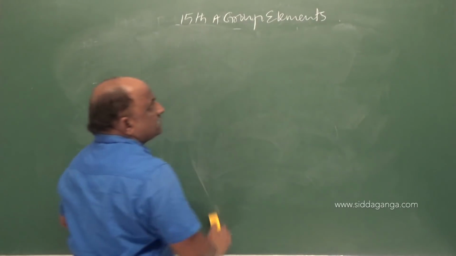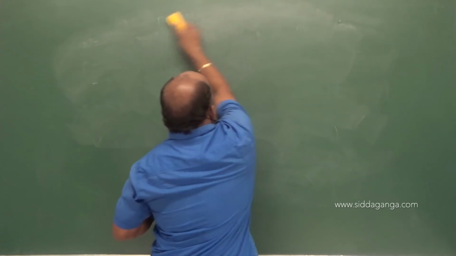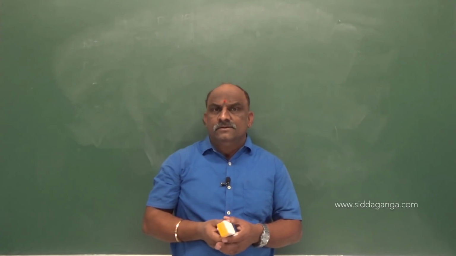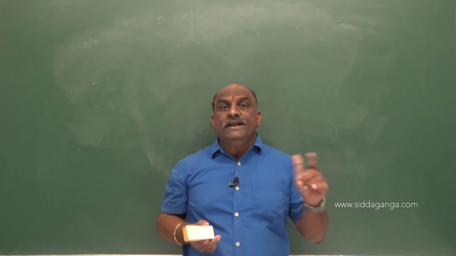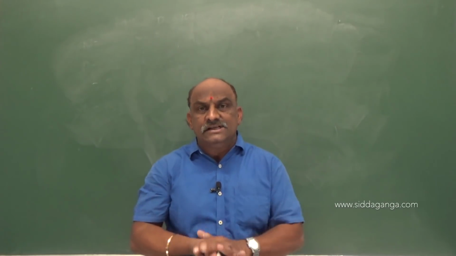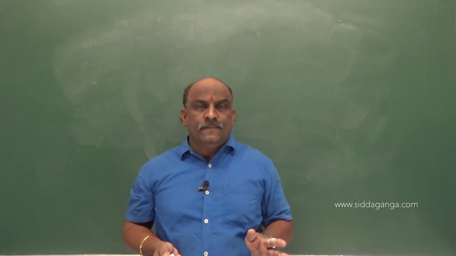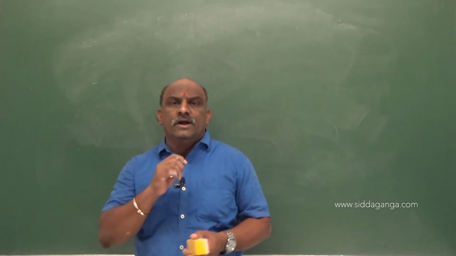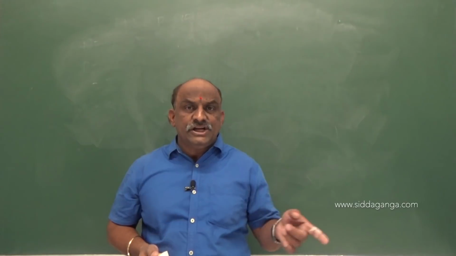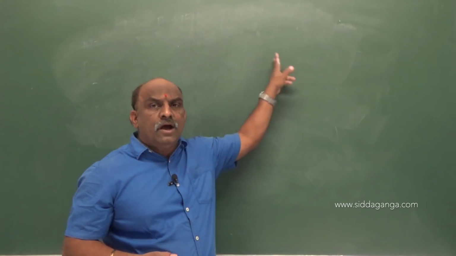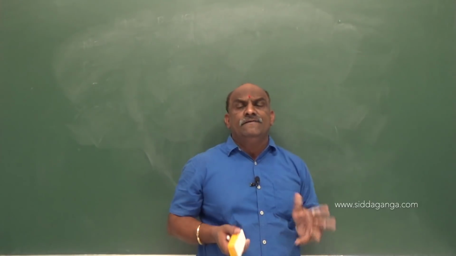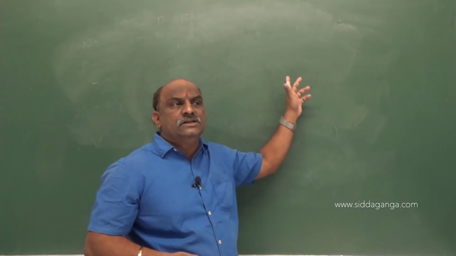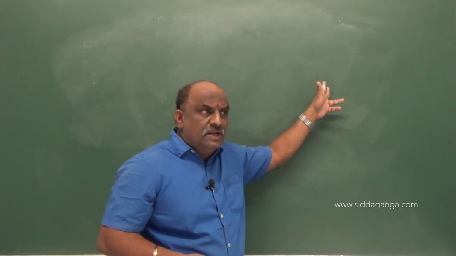Fifteenth A group elements are called pnictogens. Why are these called pnictogens? Because of suffocating nature. Yes, exactly, it is suffocating in nature. These belong to p block elements. Why? Because the differentiating electron enters the p orbital. Differentiating means the last, final electron enters which subshell: the p subshell.